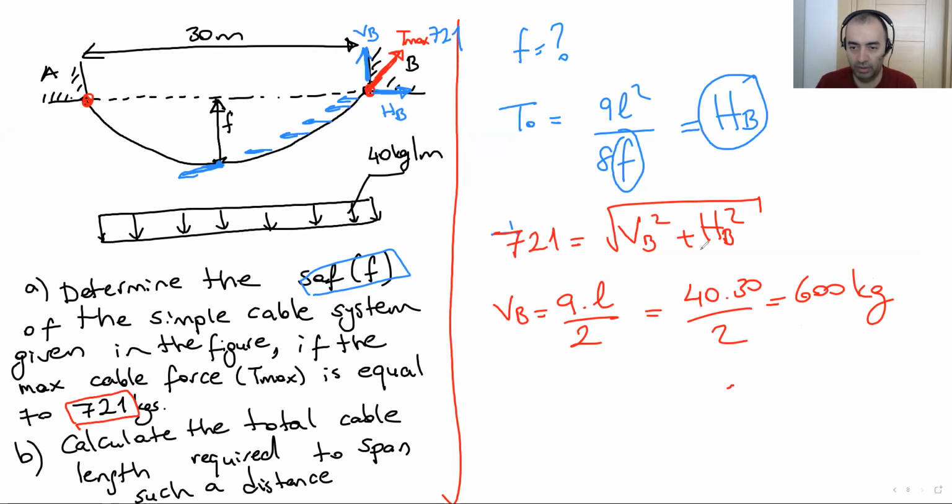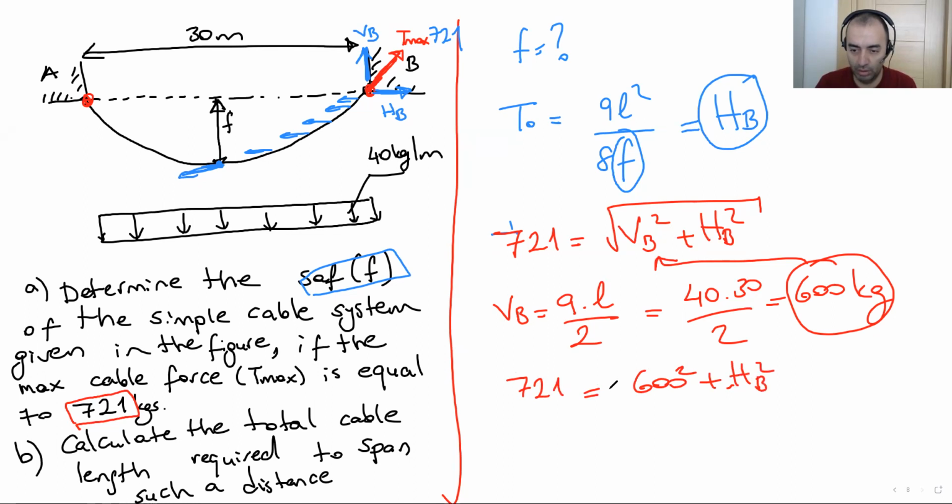So I have this equation. I can put this here, equals HB squared. I can get HB from here.